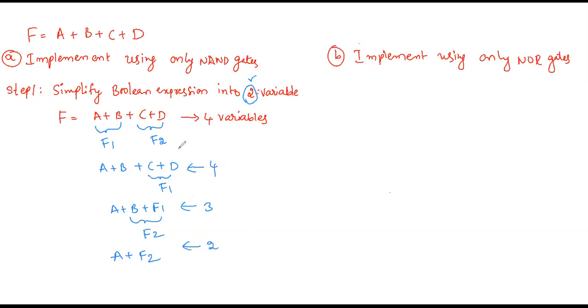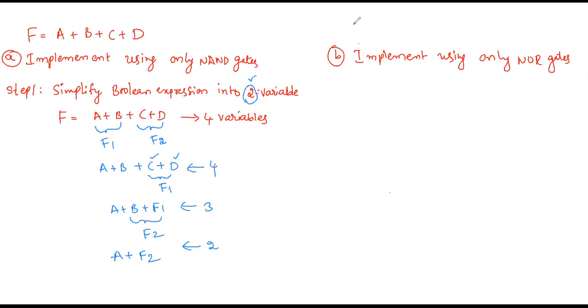Like this, try to simplify the given Boolean function into two variables by considering two variables as one group. Here I am considering CD as one group, I got F1, then again F1 and B I am considering as one group, that is F2, and so on.